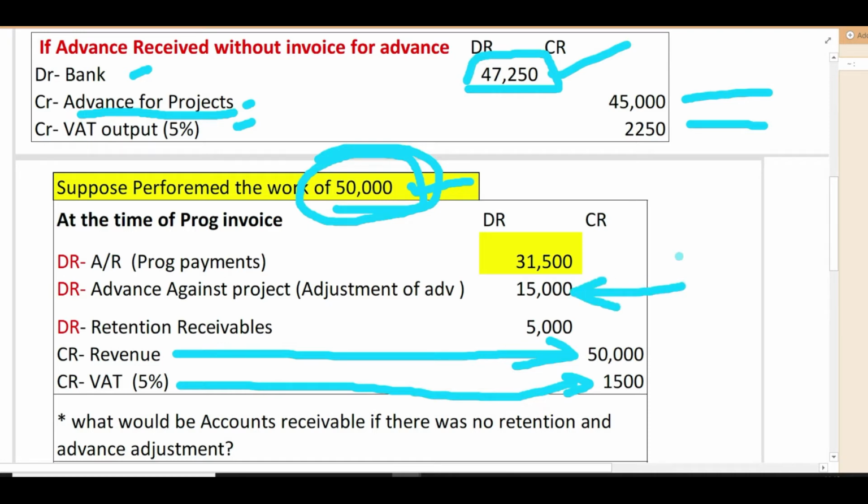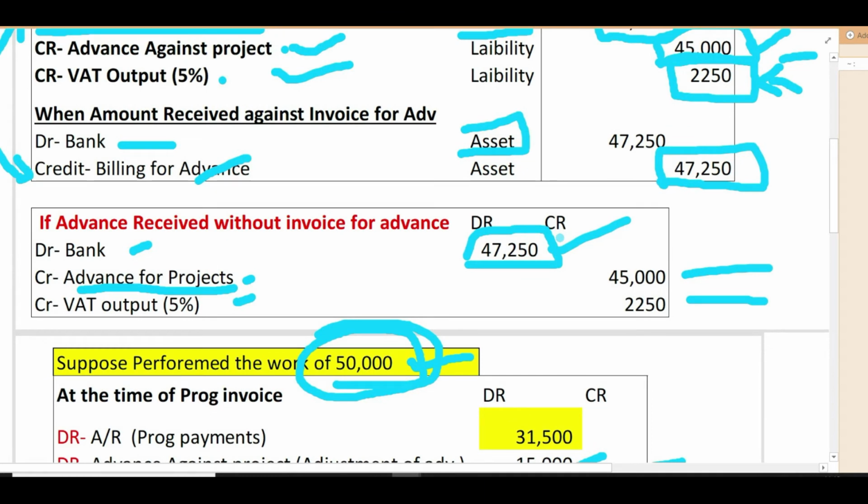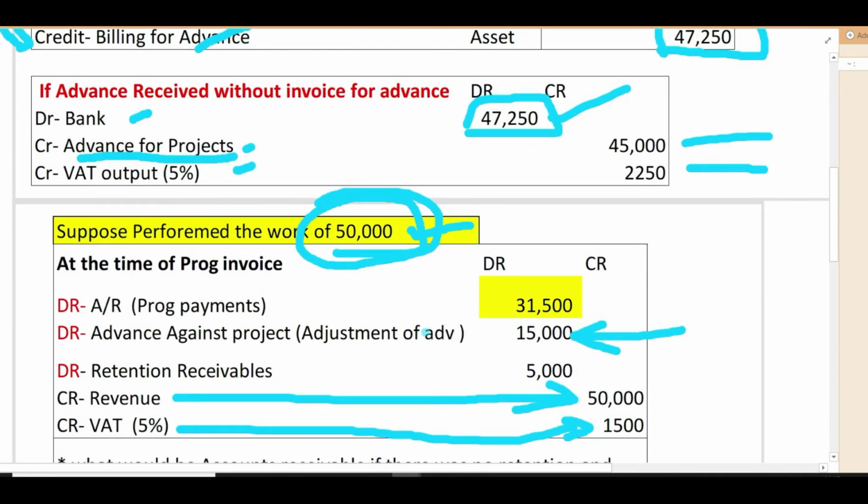So you will debit that because it is a liability, and your liability is being reduced with this percentage. That is the first scenario. The second scenario might be that they say, we are giving you 30% advance and you can deduct it from your first invoice, and in that case you will just debit the whole amount. But in our scenario you are not adjusting all the amounts, only the percentage, that is 30%.